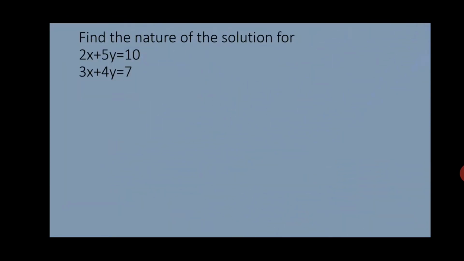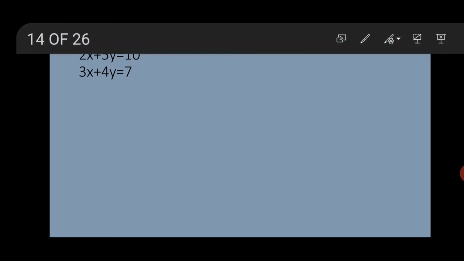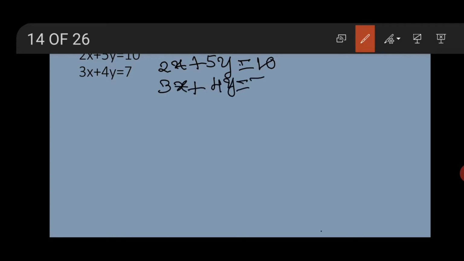Find the nature of the solution for 2x plus 5y is equal to 10, 3x plus 4y is equal to 7. Here also find the values. I will write again, 2x plus 5y is equal to 10, 3x plus 4y is equal to 7.